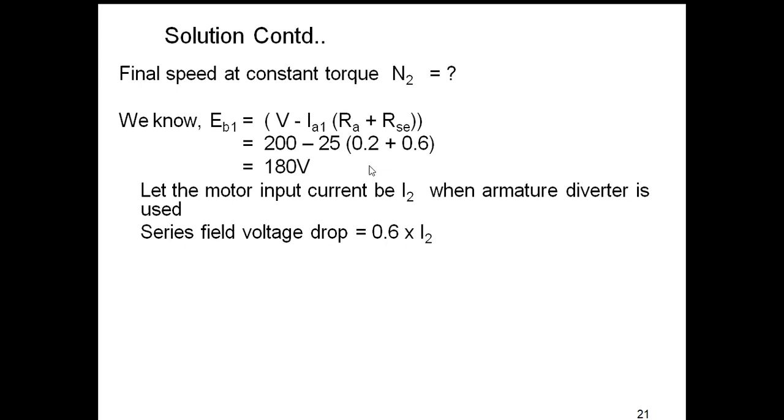And the series field winding voltage drop is 0.6 into I2. So the potential drop at brushes is equal to 200 minus 0.6 into I2.